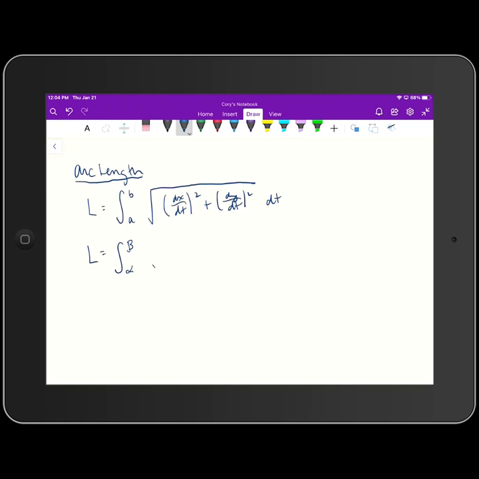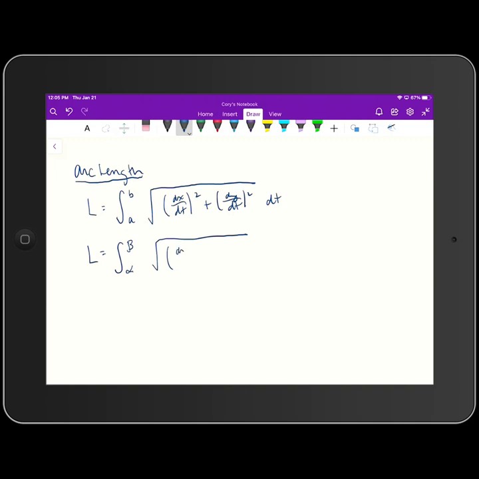Okay, and then what we can do here is, rather than taking the derivative of x with respect to t and the derivative of y with respect to t, we can do so with respect to theta instead. So instead of writing arc length in terms of the parameter t, we're going to do so in terms of the parameter theta.